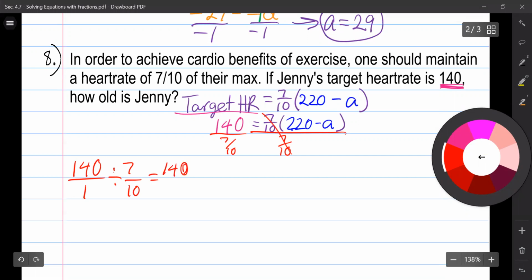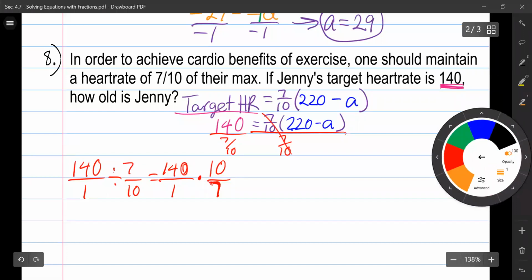So 140 over 1 multiplied by 10 over 7. And I always like to see if I could reduce before I actually multiply. So 7 can go into 140 because I know 7 goes into 14 2 times. So that means 7 goes into 140 20 times. And then 20 times 10 is 200 over 1, which is just 200.